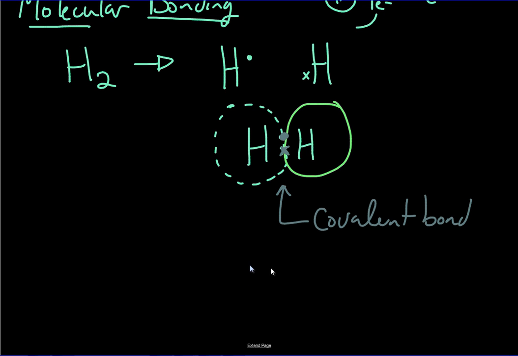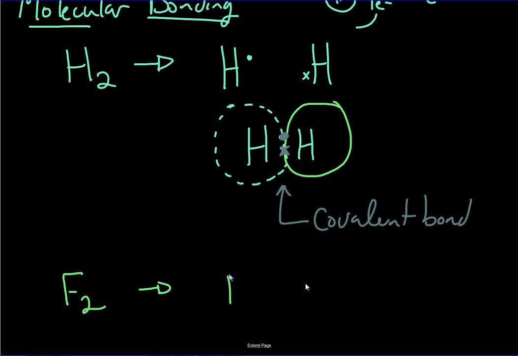We'll draw a couple of more scenarios where we would make a simple covalent bond. Like, for instance, all the halogens form binary compounds too. So for instance, let's talk about fluorine. Fluorine comes to us in nature like this.